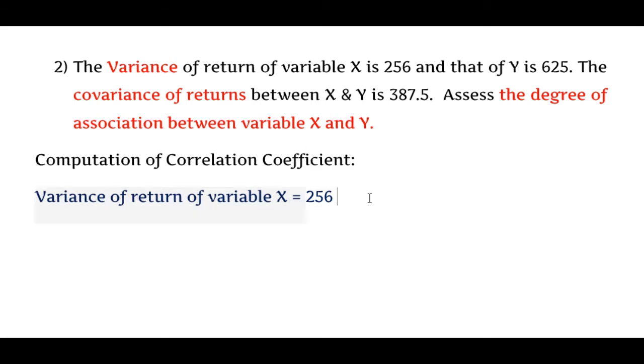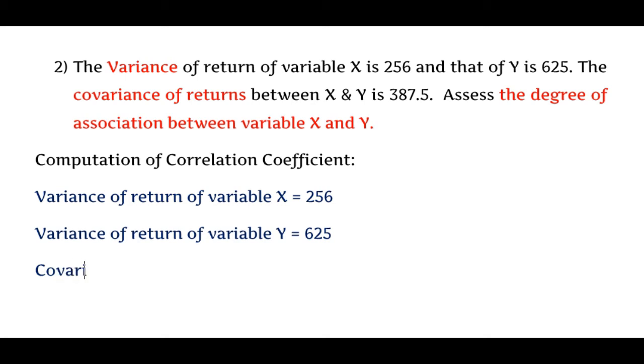I'll copy directly from here and paste it here, and then change this to capital Y, which is 625. And after that, one more numerical value which they have given is the covariance of return between x and y. So this is another numerical value which they have given in the question.